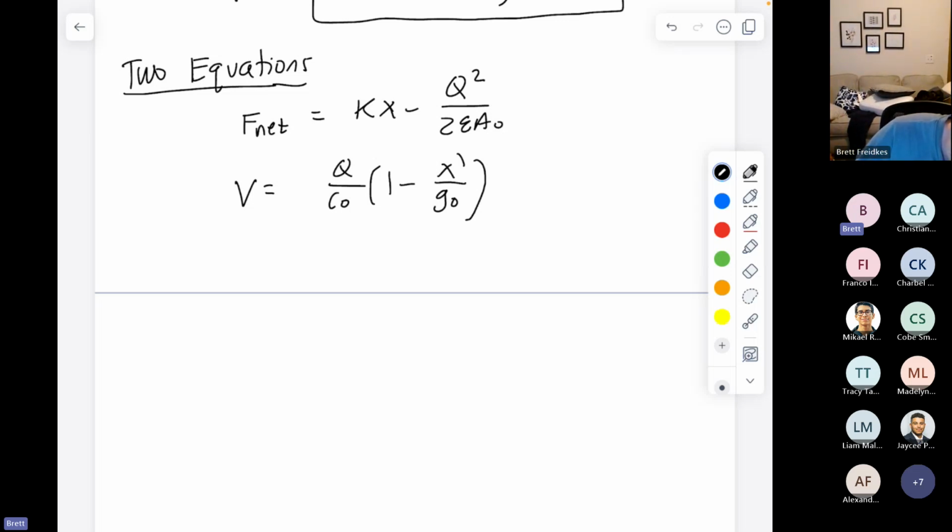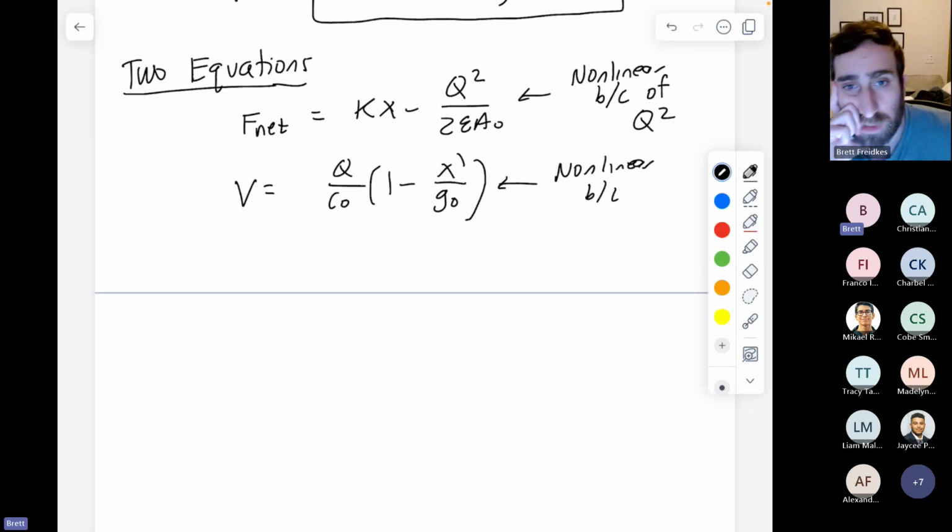This one is nonlinear because of Q squared. And why is this one nonlinear? The variables that I care about are the Q and the x's. In that second equation, I'm multiplying Q by x prime, and that ends up introducing a nonlinearity.